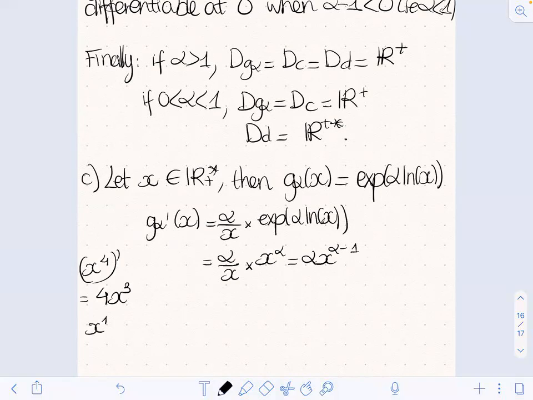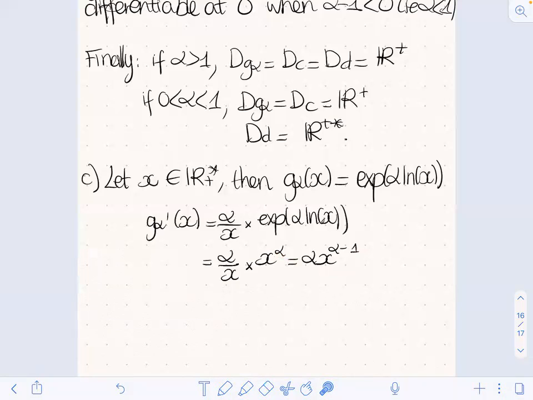In fact, if you derive the square root function, so x to the power 1/2, you get 1 over square root of x. So that's actually 1/2 x to the power minus 1/2. Both of these settings fall into this case. So x to the power alpha prime is alpha x to the power alpha minus 1. It includes all of the derivatives you know so far for power functions, and generalizes to the case where alpha is a positive real number.